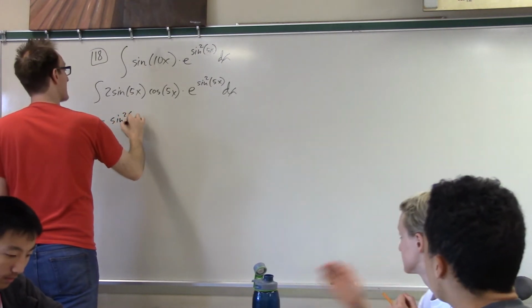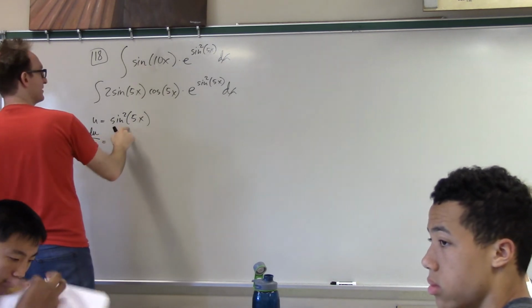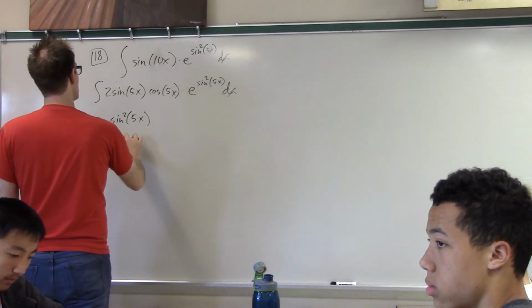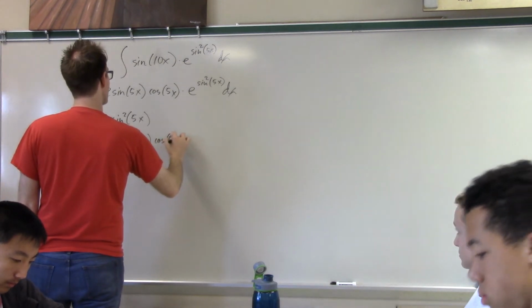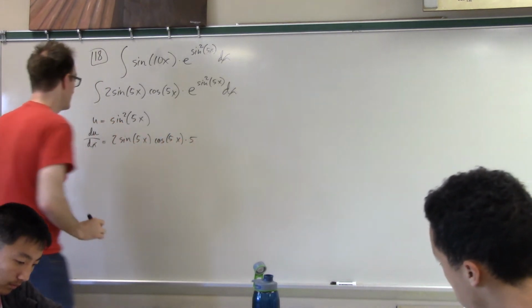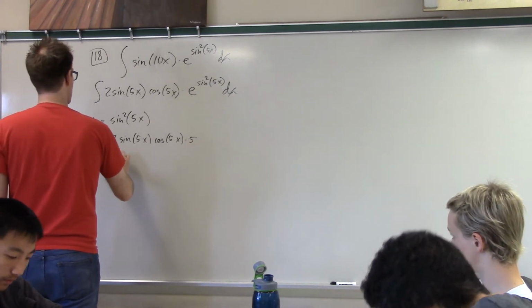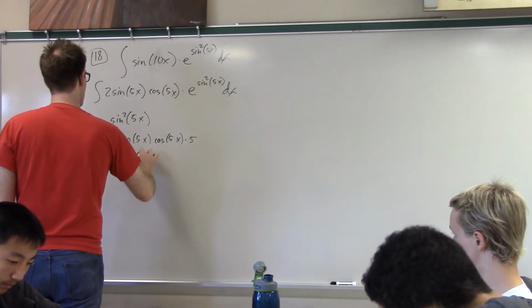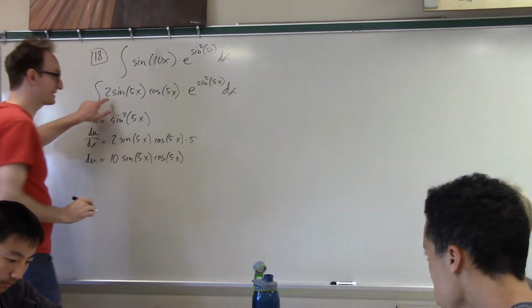If you let u be sine squared 5x, then du dx is 2 sine 5x times the derivative of sine 5x, which is cosine 5x, times 5. Therefore du is 10 sine 5x cosine 5x dx, and that's almost exactly what I have here.